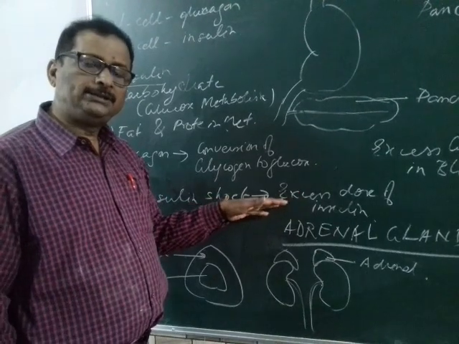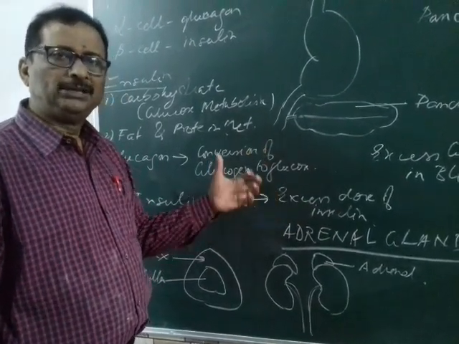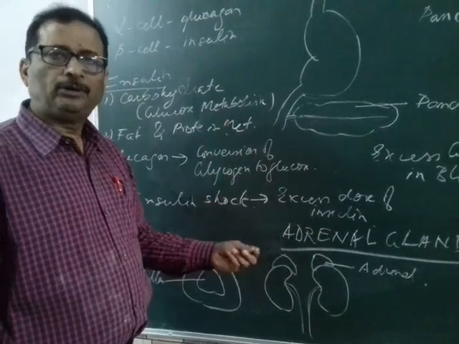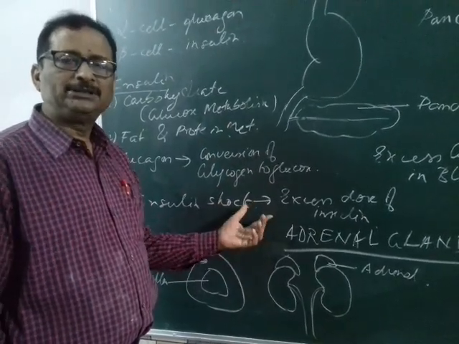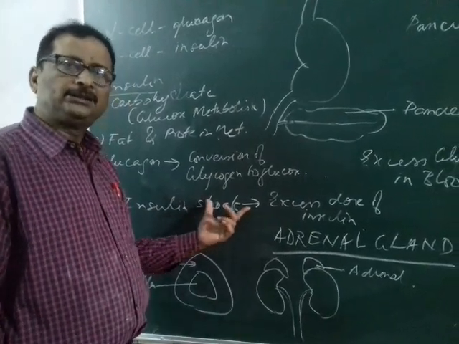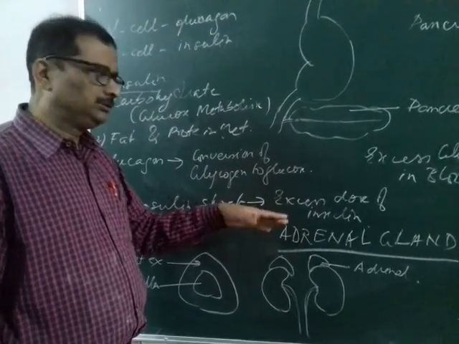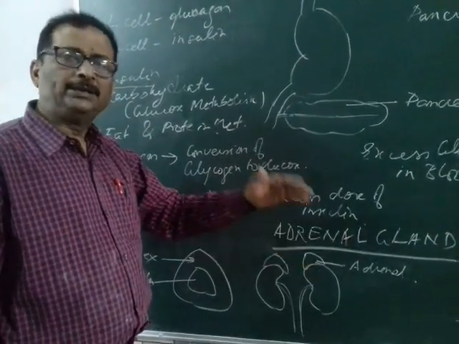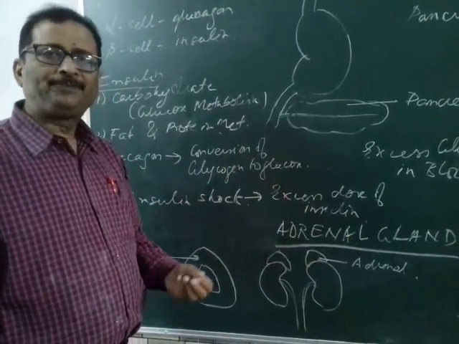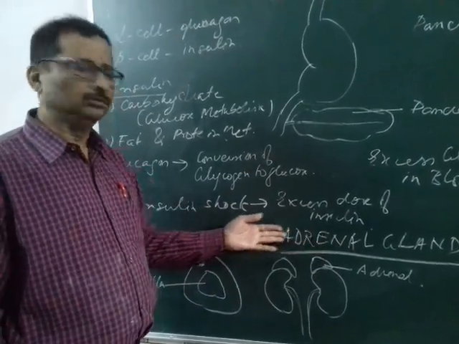If the insulin is given more than the required dose, then the blood sugar level falls very rapidly and a person can suffer from insulin shock, and that is dangerous. A person can go into a coma, but it can be recovered by having just a piece of candy or sugar as a supplement of glucose.